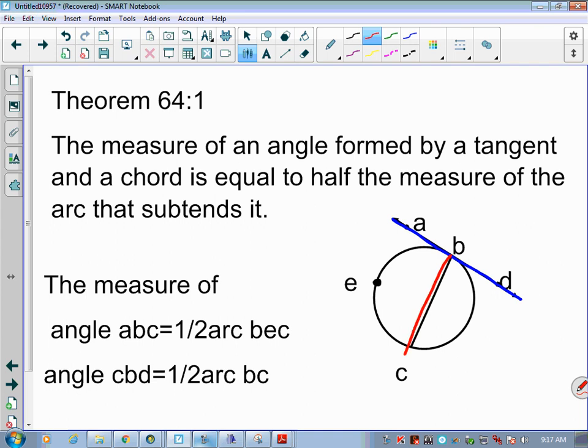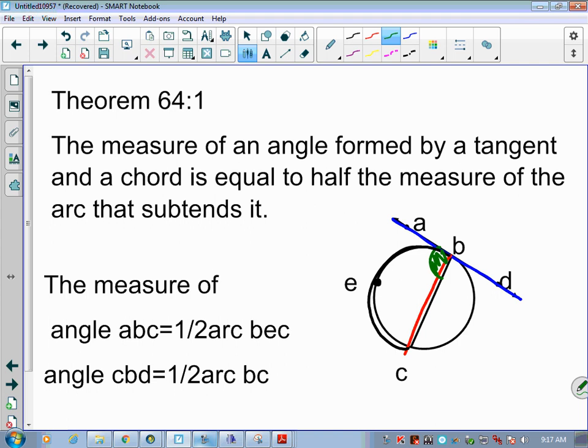The angle formed by that, this angle right here, is equal to half of the arc that subtends it. The arc that subtends it is this arc right here. So if I know what arc CEB is, I know that my green angle is going to be half of that.